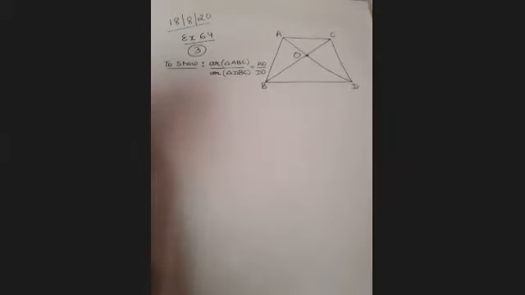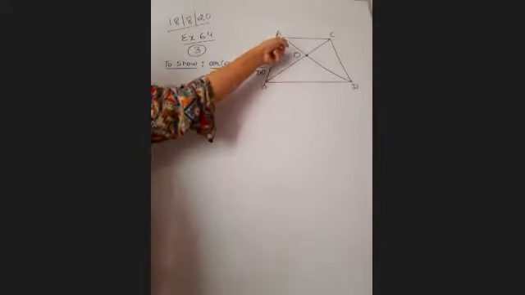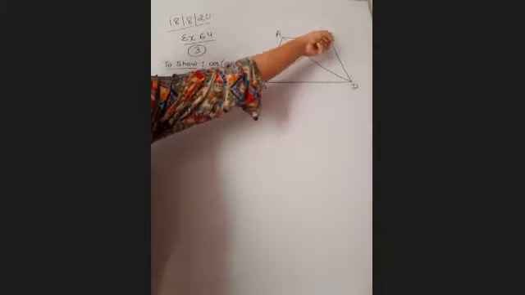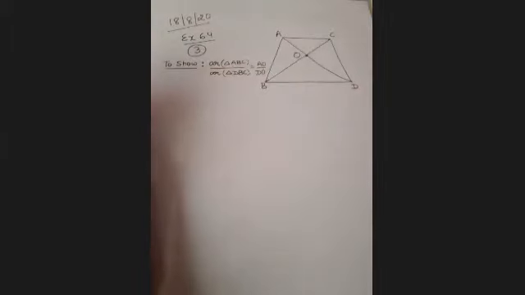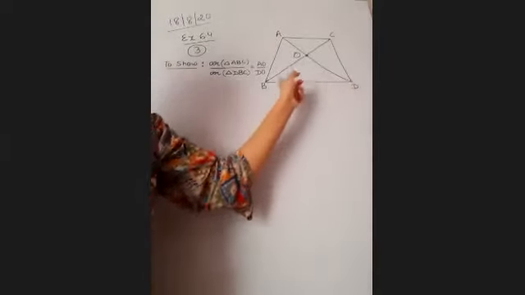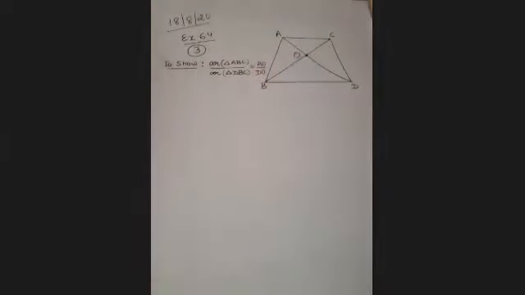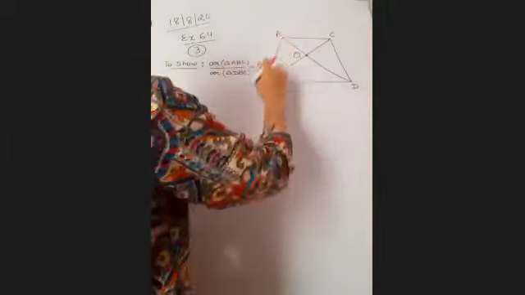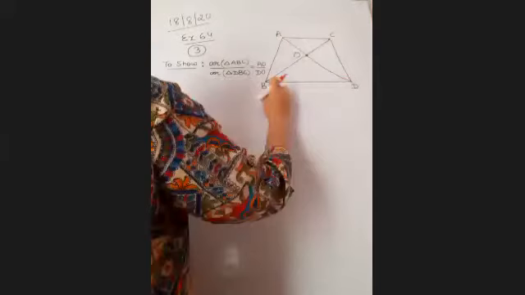So now let's read the question carefully. We are given in the figure triangles ABC and DBC. Now you get to know why the naming is not in order, because we are given A, B, C and D, B on the same base BC.